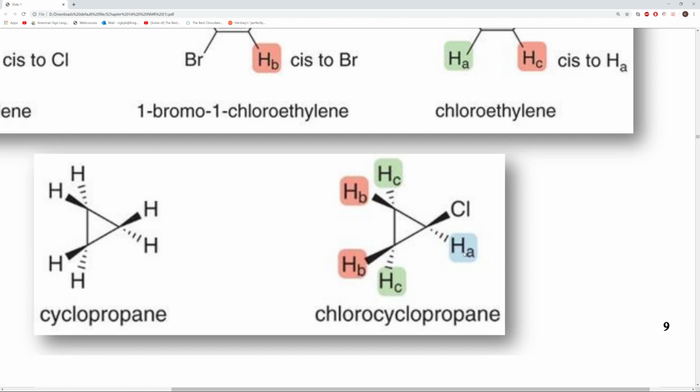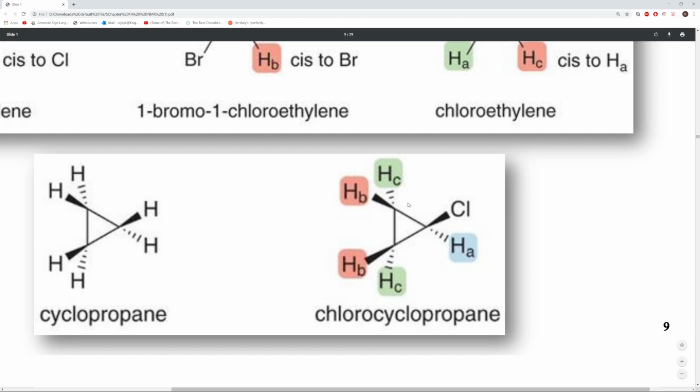Because one of them is going to be cis to Cl, and one of them is going to be cis to the other hydrogen. So they're all going to have different signals. The difference between this and something that we would usually see is that we see two hydrogens on different carbons having the same signal. This is because those carbons, if that Cl weren't here, would be completely equivalent.